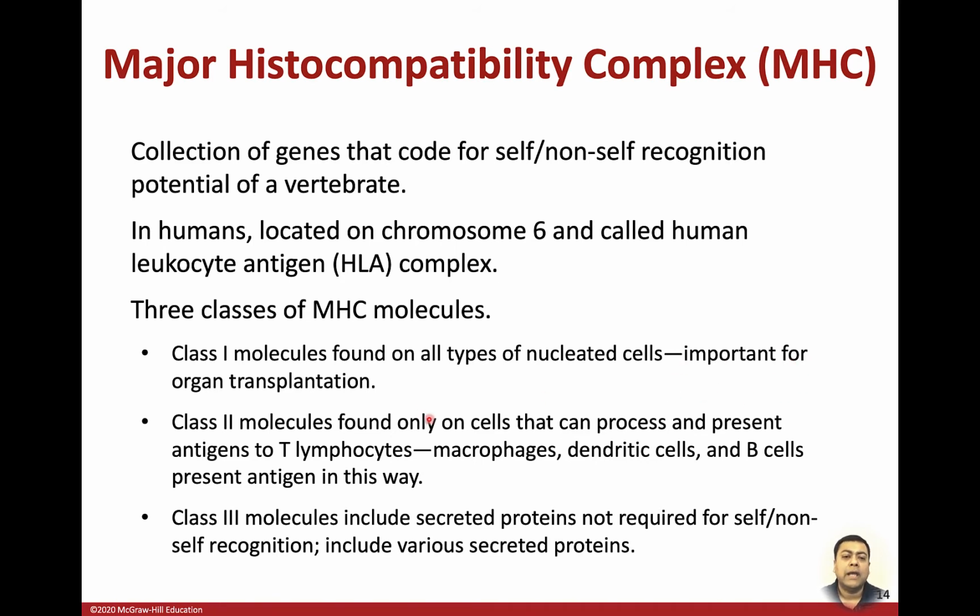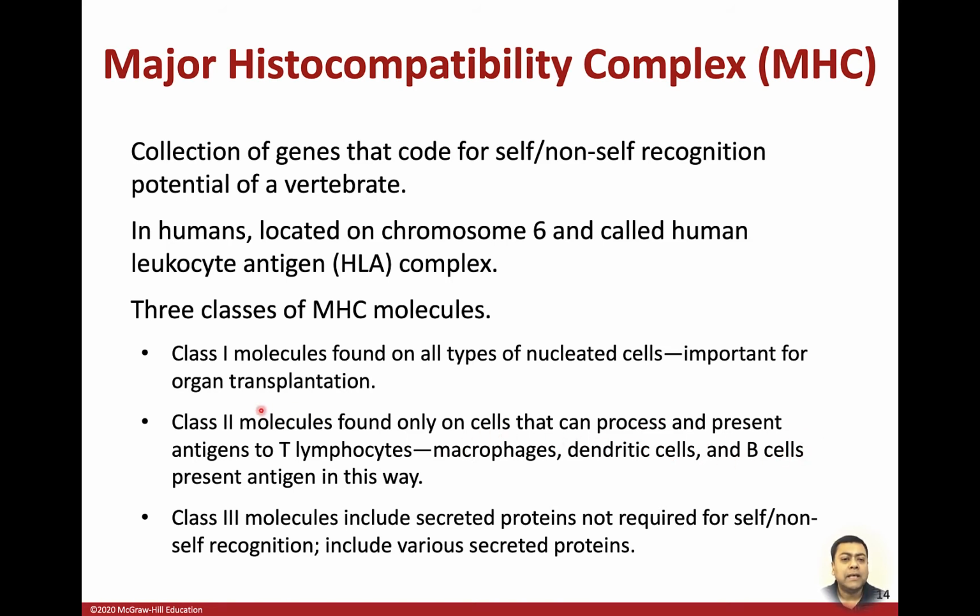On the other hand, there is a class 2 molecule which is only present on cells that can process and present antigen to T lymphocytes. So they are present on the APCs. Mainly, these are your immune cells: the macrophages, phagocytic cells, dendritic cells. These are antigen-presenting cells, and also B cells.